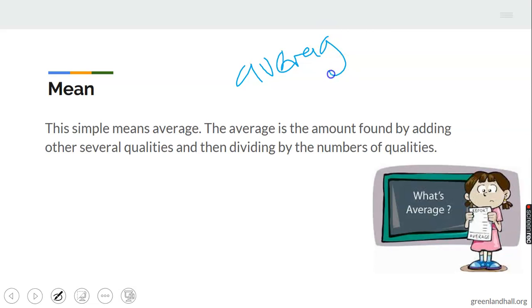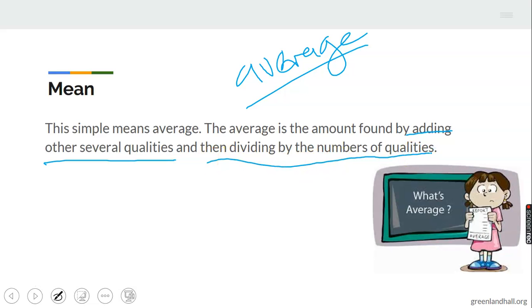Average of what? It could be average of a couple of numbers, average of a couple of items, average of what you are given to set or to check. So the average is the amount that is found by adding other several quantities and then dividing them by the number of quantities.